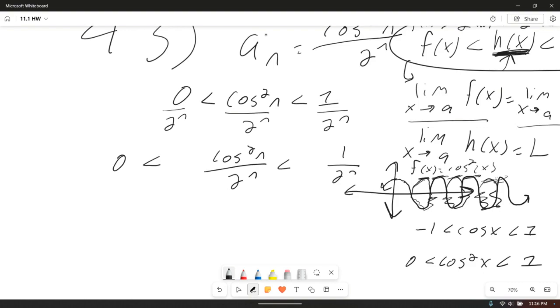And this should all still be true no matter what n is, right? This will never be negative. If this was negative, you would switch inequality signs to the other way, all that.